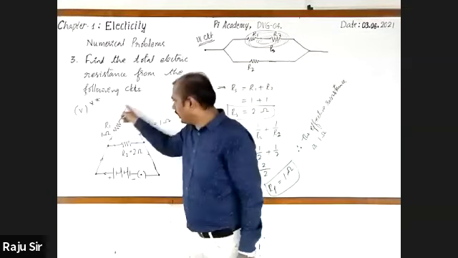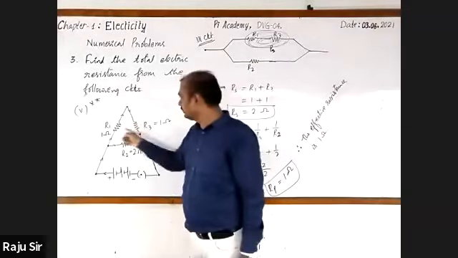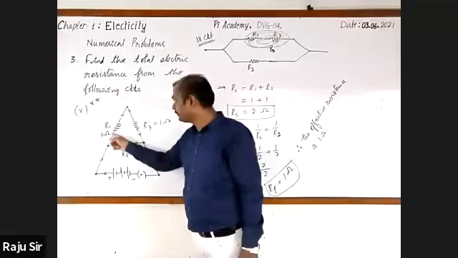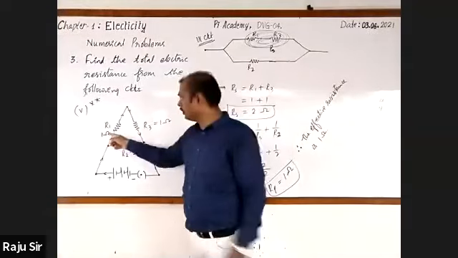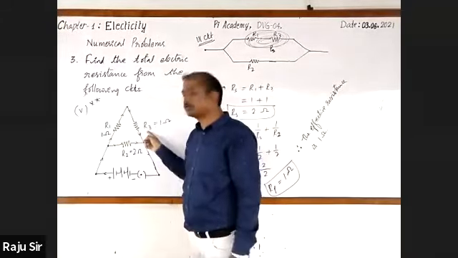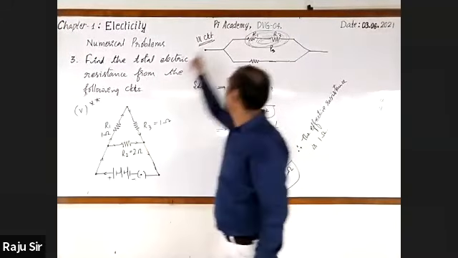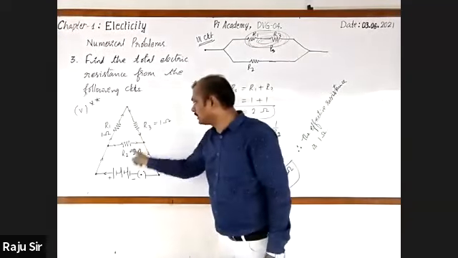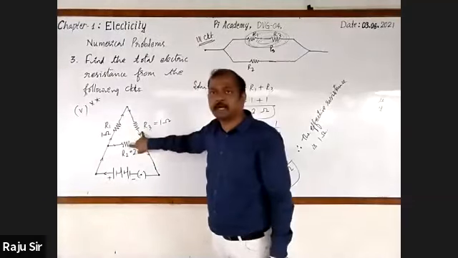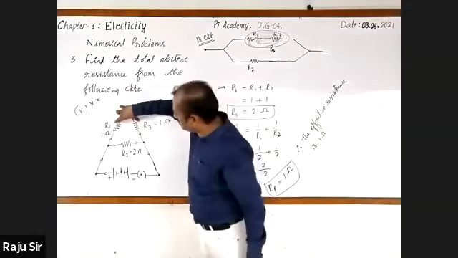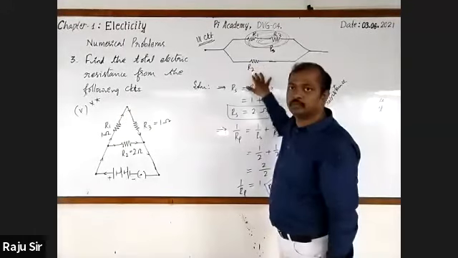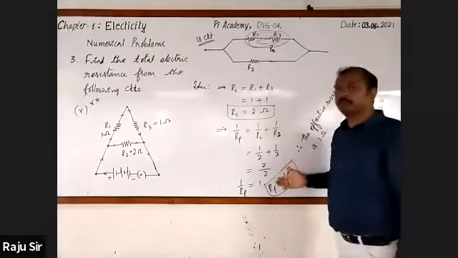If they flow along the same direction, then they will be in series. See here, current flows through R1, then it flows through R3. These two are in series. Then the current that flows through R3 and R2 recombine, so they are parallel. So these two are in series, which are in parallel with R2. It can be drawn like this, and we have found out.